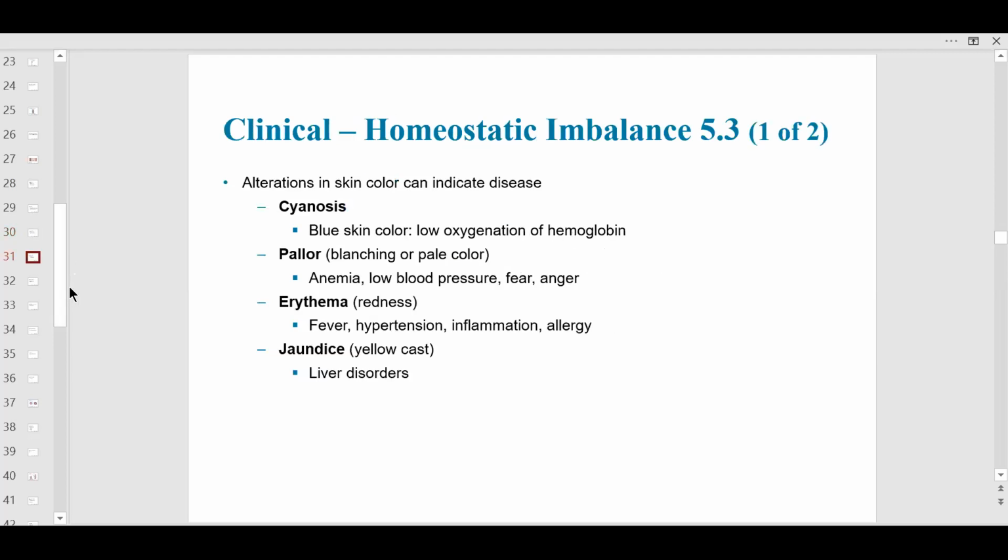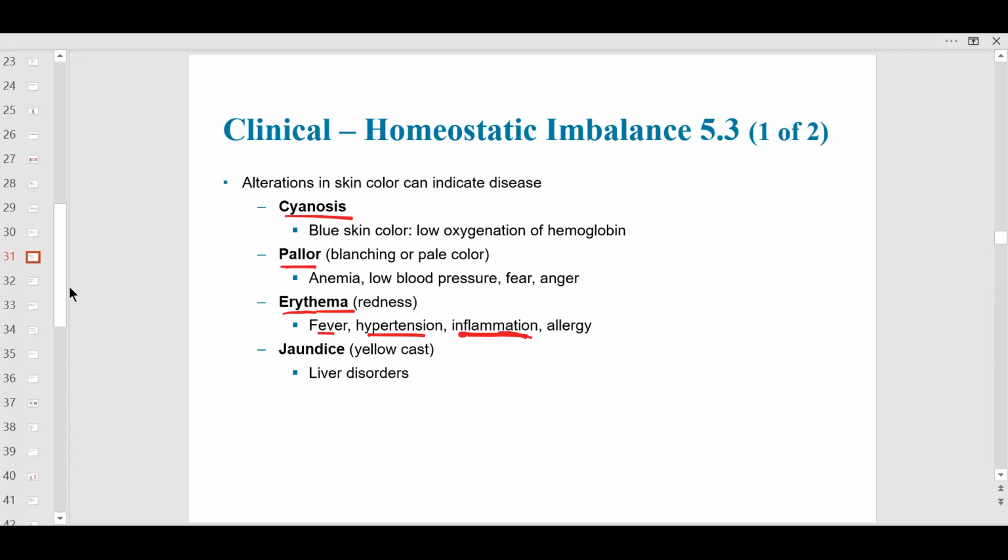I like this. I did this on Thursday. Cyanosis means blue. Pallor is like blanched or pale. Erythema means red, like a red blood cell is erythrocyte. So it's good to go through these. And the cause is hypertension and inflammation, right? Vasodilation, bringing in other cells.